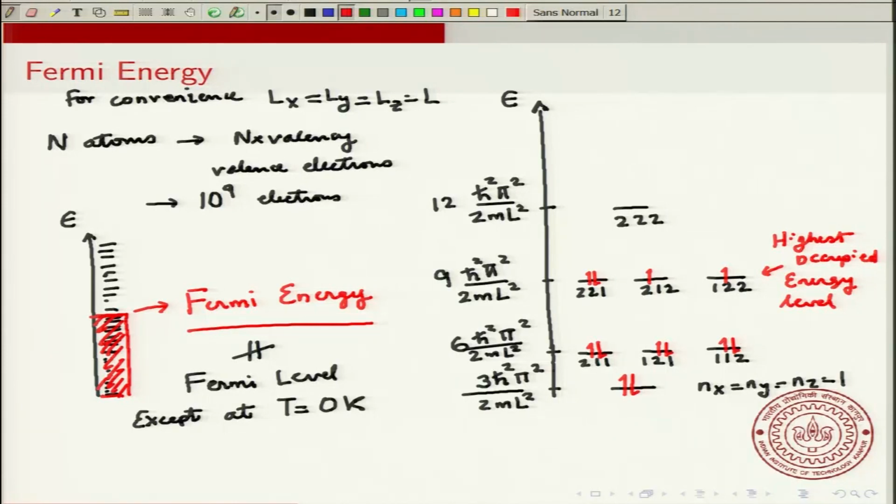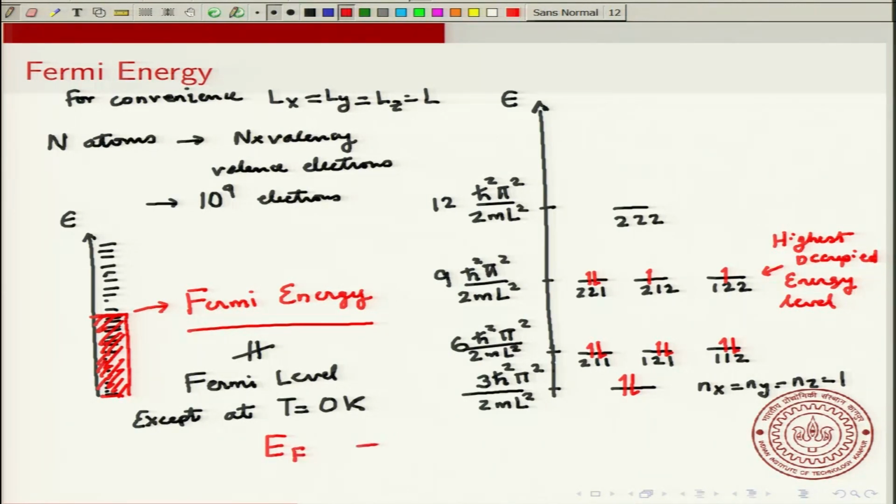At higher temperatures, you could have some higher levels also filled up, and you could have some lower levels being empty. But at T equal to 0, you will only fill up starting from the lowest energy level, and so the highest energy level that is filled is called the Fermi energy. This is a concept that we will be using a lot. It is denoted by the symbol EF.